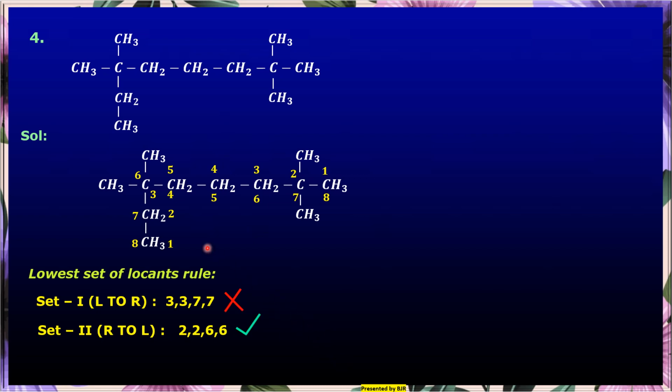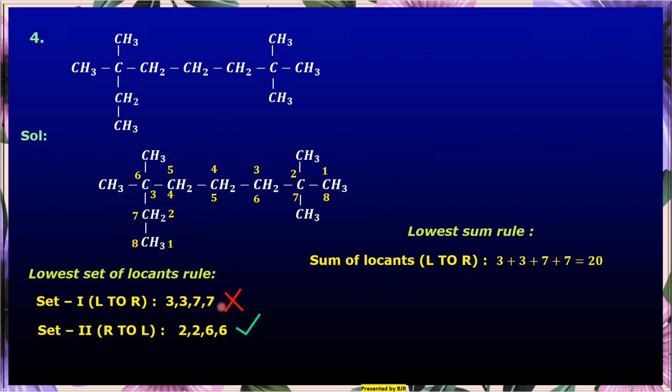And let us verify the same by using lowest sum rule. Sum of locants from left to right 3 plus 3 plus 7 plus 7 it is 20. And from right to left 2 plus 2 plus 6 plus 6 you get 16. So 16 is smaller than 20. So assigning the numbers to the carbon atoms from right to left is correct.